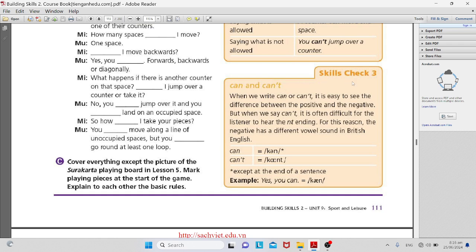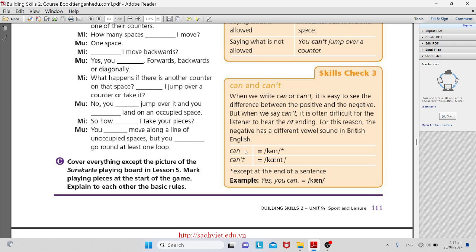Can and can't. When you write can or can't, it's easy to see the difference between the positive and the negative. But when you say can't, it is often difficult for the listener to hear the ending. For this reason, the negative has a different vowel sound in British English.